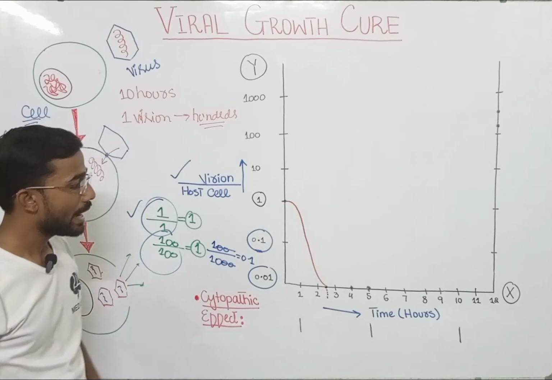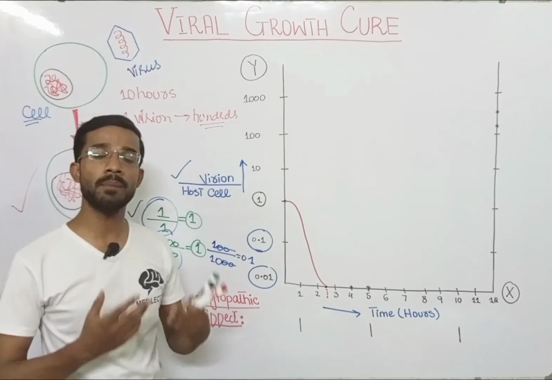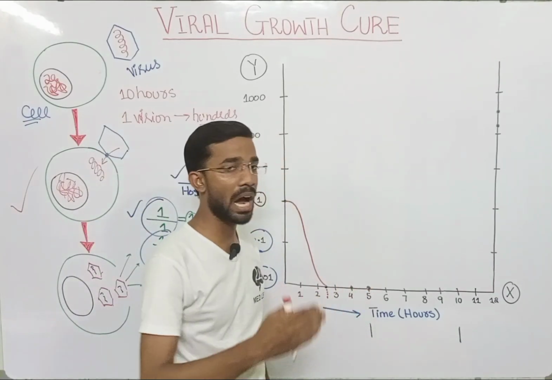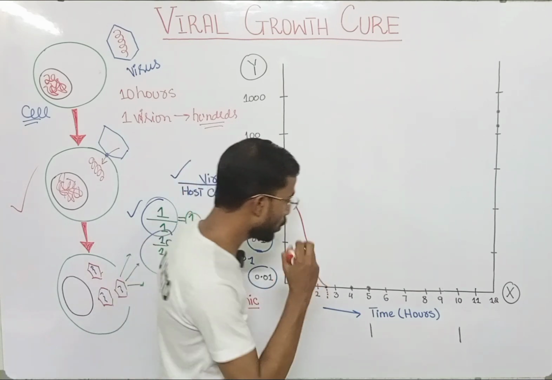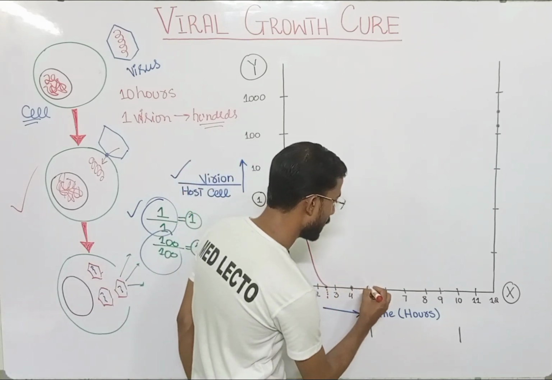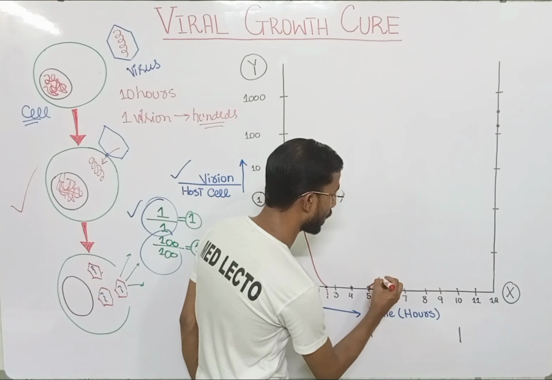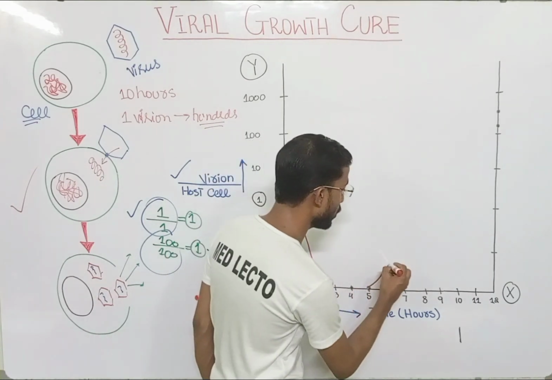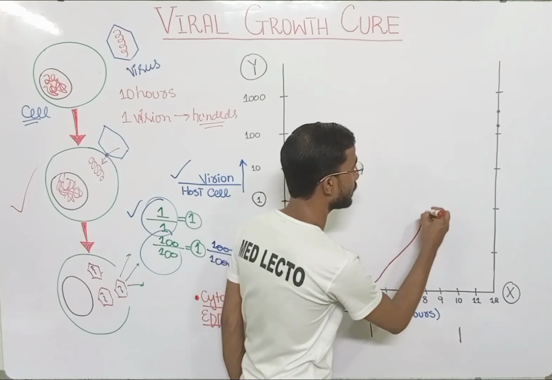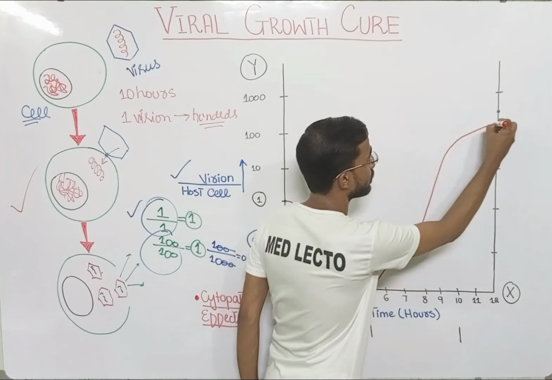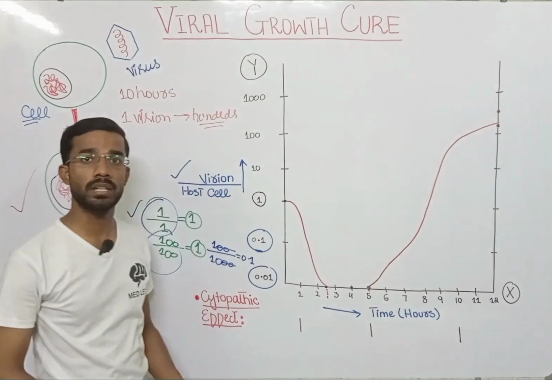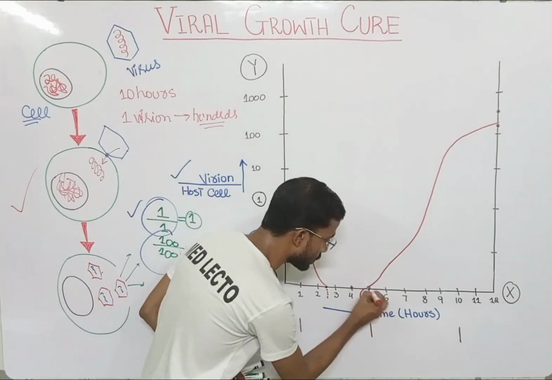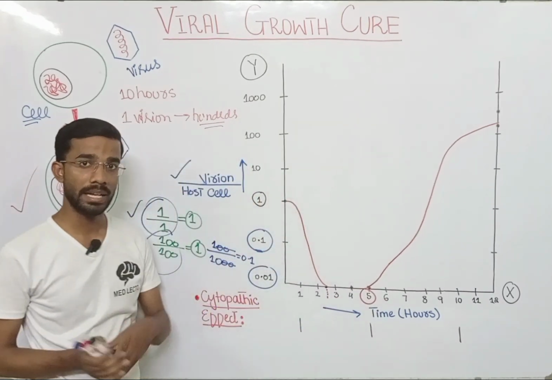If I say after some time, let's suppose after 5 hours, you will see that the virus starts being detected inside the cell, and with the passage of time there is an extreme increment in the virus number. This is the case after 5 hours.